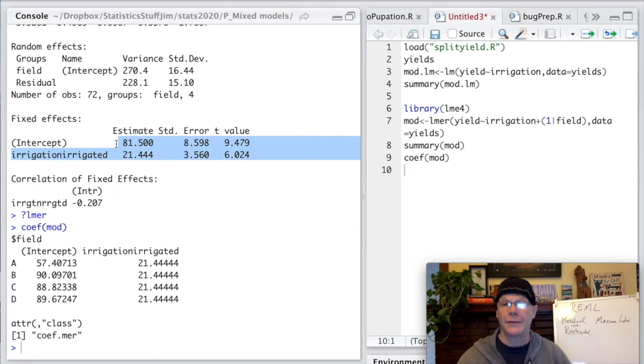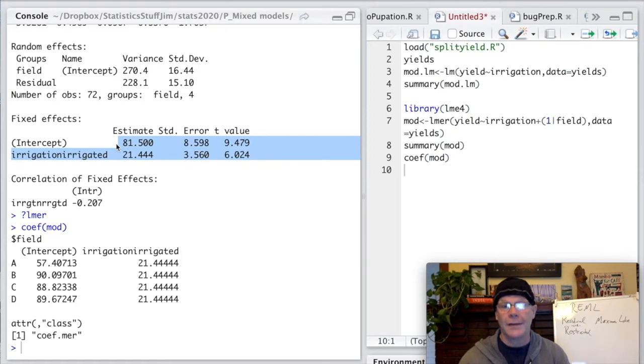In that case, you would want to include field as a fixed effect because you would actually be interested in variation among the fields. Whereas in the scenario that we're doing right now, we are assuming that the field is not a nuisance, but just a random effect that we don't really have that much control over.